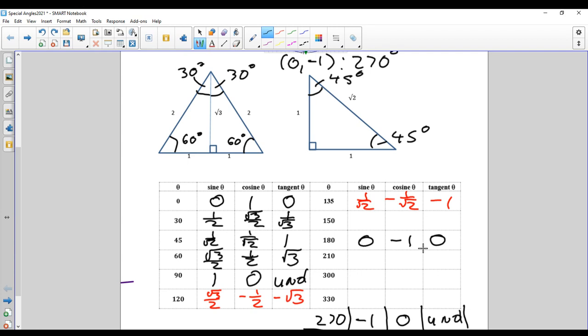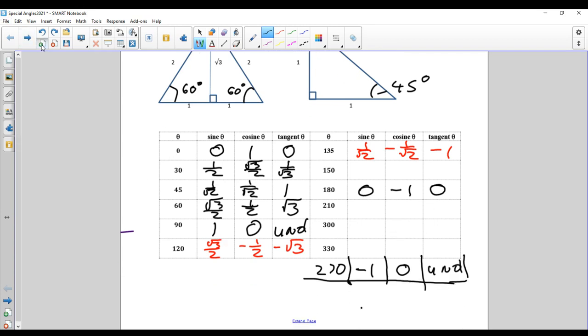I need your help, Jaheen. Where do you think 210 is in the scheme of things? Is it quadrant 1, 2, 3, or 4? Quadrant 3, good call. Somewhere between 180 and 270. That's where 210 is.